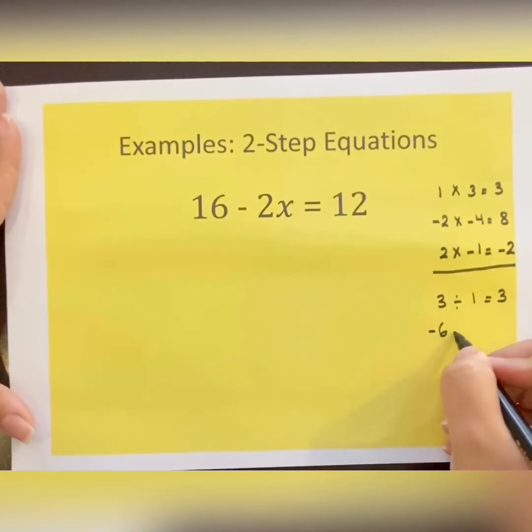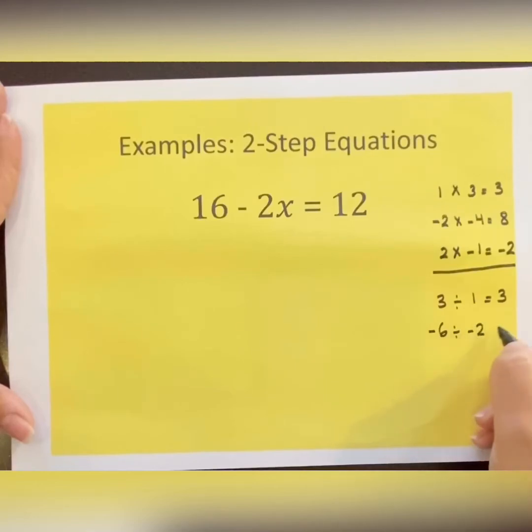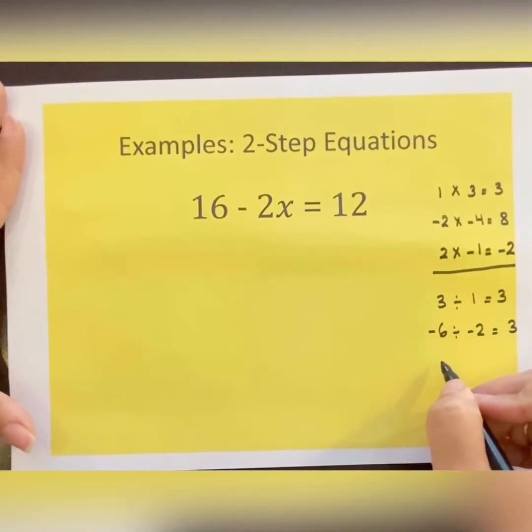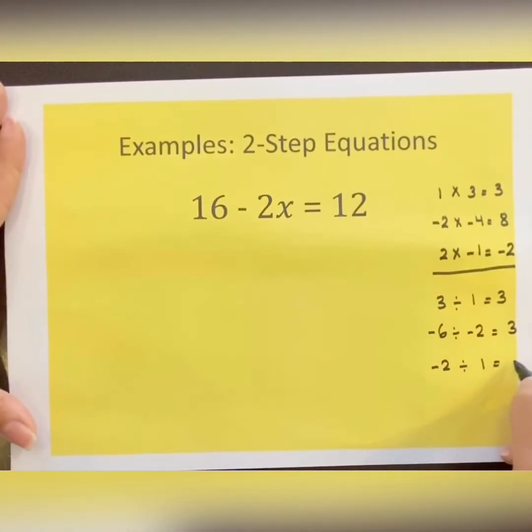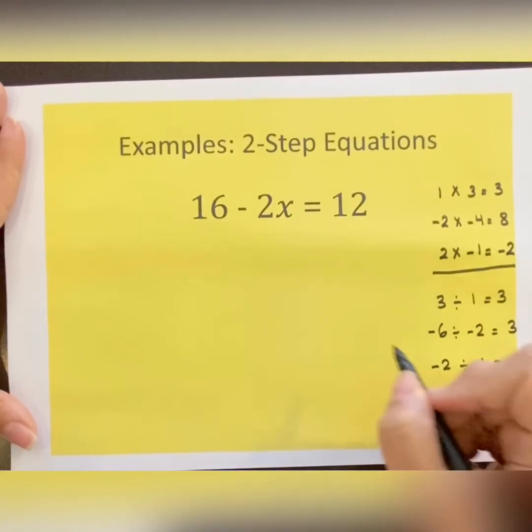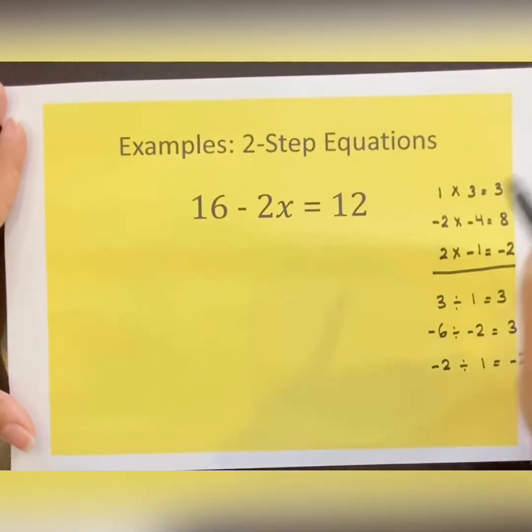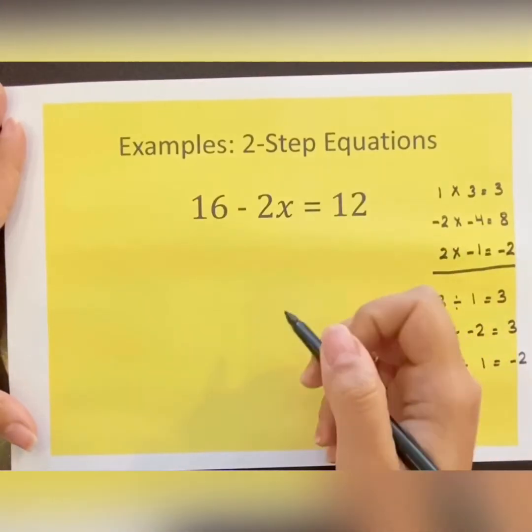Negative 6 divided by negative 2, it's 3. Negative 2 divided by 1, it's negative 2. Using these rules, I'm going to solve the following.